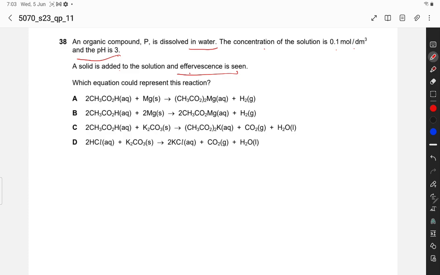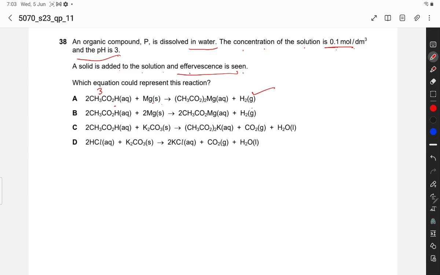It is a carboxylic acid and magnesium is the solid. The compound is dissolved in water, so this is an acid with pH 3, a weak acid. When the solid is added, hydrogen gas is given off as effervescence.